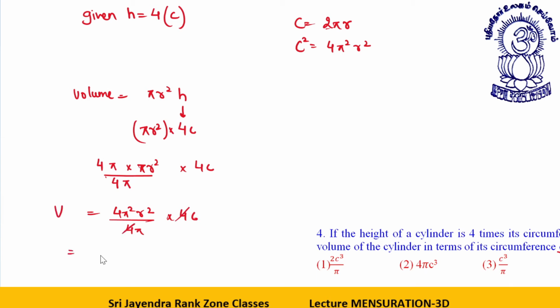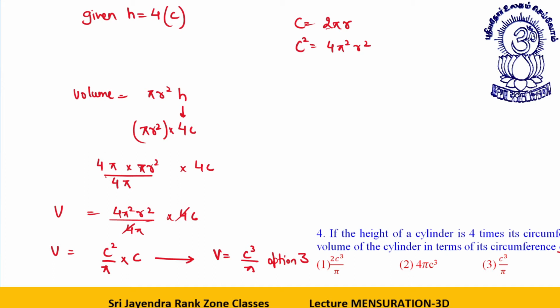So the volume comes out to be 4 pi square r square means c square by pi into c. From here I can say V is equal to C cube by pi. That is option 3 is the answer, and I'm sure so far everything will be clear to all of you.